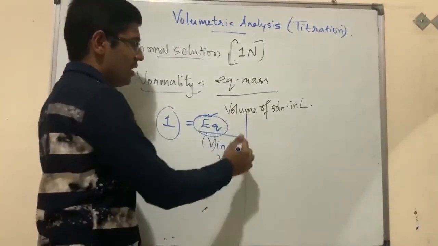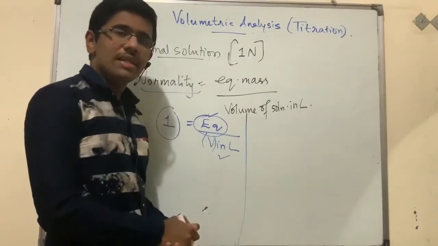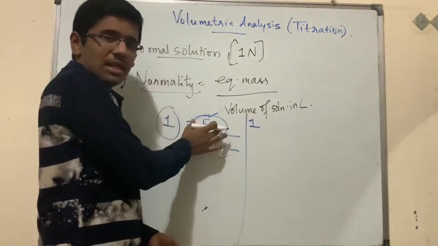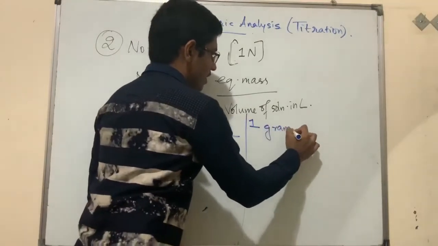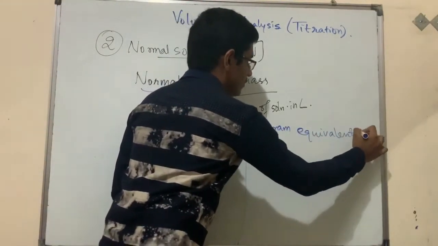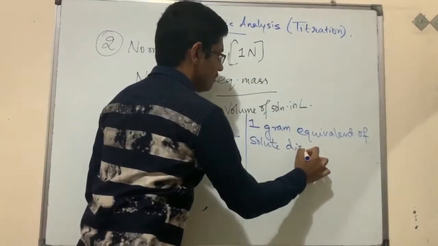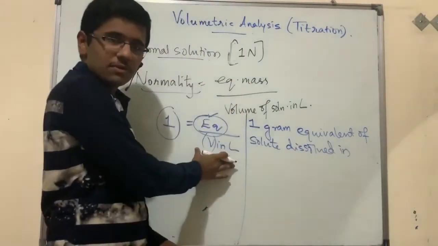So we can define a one normal solution as that solution whose normality is 1 and which has 1 gram equivalent of solute dissolved in 1 liter of solution.